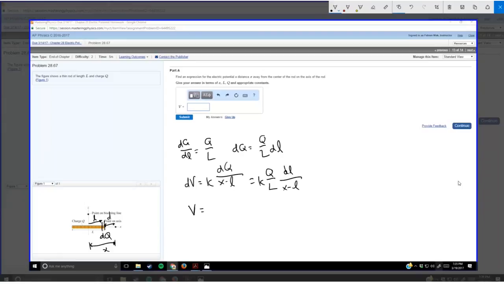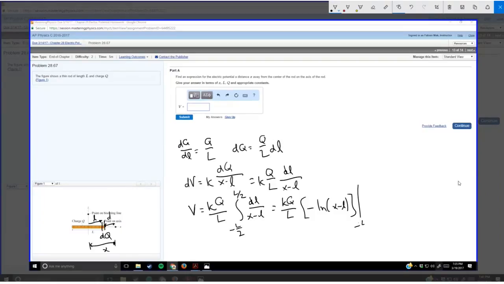Okay, the total voltage due to this bar is going to be k q over L integrated from negative L over 2 to L over 2 of dl over x minus l. And that should give k q over L negative natural log. I think that's right, because the derivative of this, you do the chain rule, there's a negative in there, so you get 1 over.